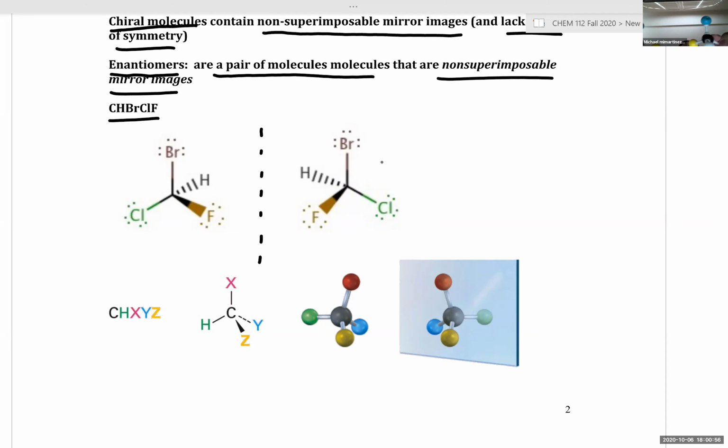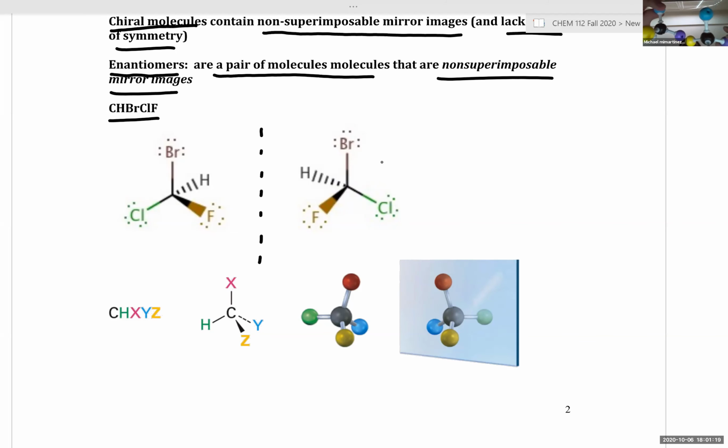Okay, so we have our two structures. As you notice, these two structures are mirror images of each other. Does everyone see that in the camera, that these two structures are mirror images of each other? Now, if we rotate and try to superimpose these two structures, we run into an issue.